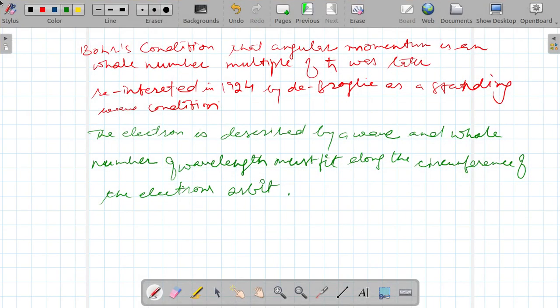And this condition is written mathematically as n lambda is equal to 2 pi r.